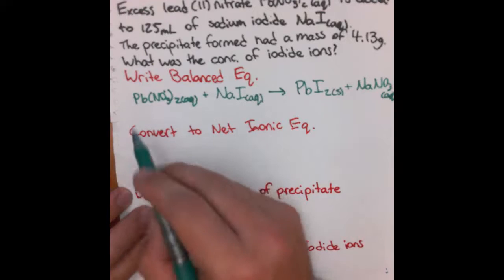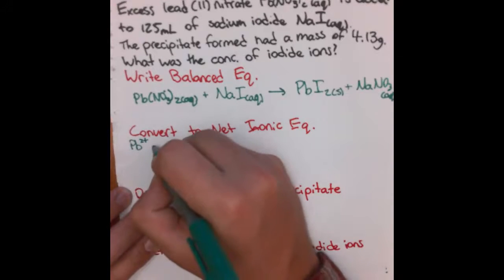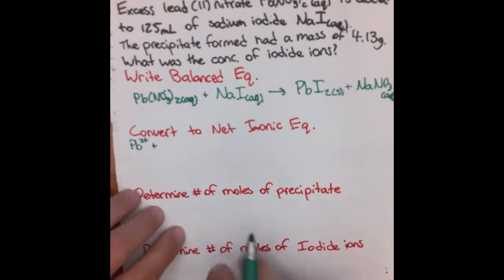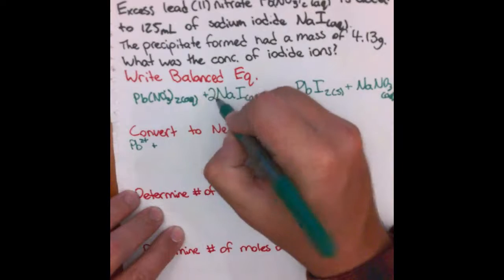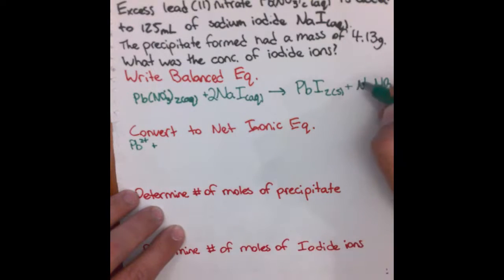So first I'm going to look here. My Pb is going to be a 2 plus. We should have balanced this before. So this is going to be 2 NaI, and then we're going to have 2 NaNO3 over here, just because of this 2 here, right?